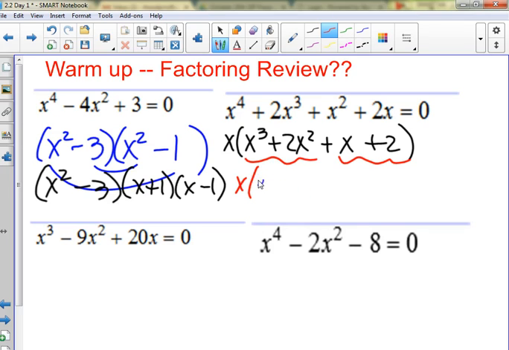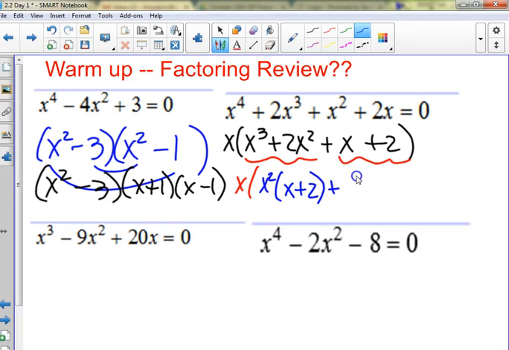Okay, so I'm going to take out a 2x. Then what's left? Ignore that first parenthesis. Okay. I was totally zoning out. Okay, now what?